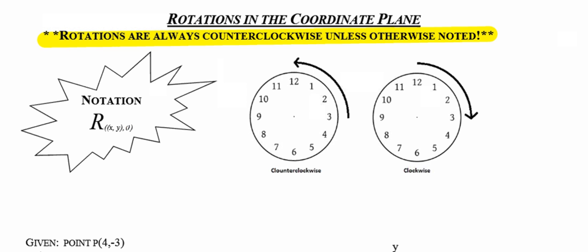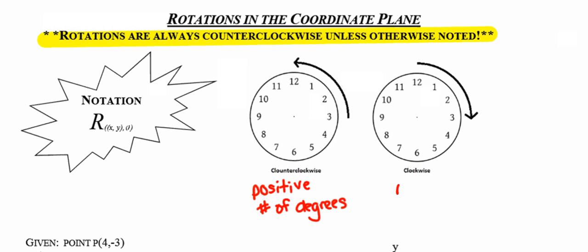So in looking at the pictures of the clocks that are put there on that page, counterclockwise direction is going to be a positive number of degrees. And I bet you can probably anticipate what the clockwise sign is going to be.